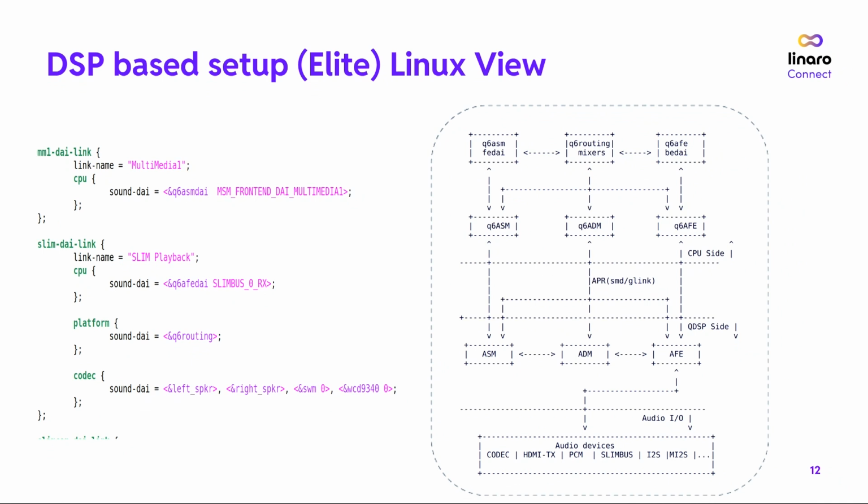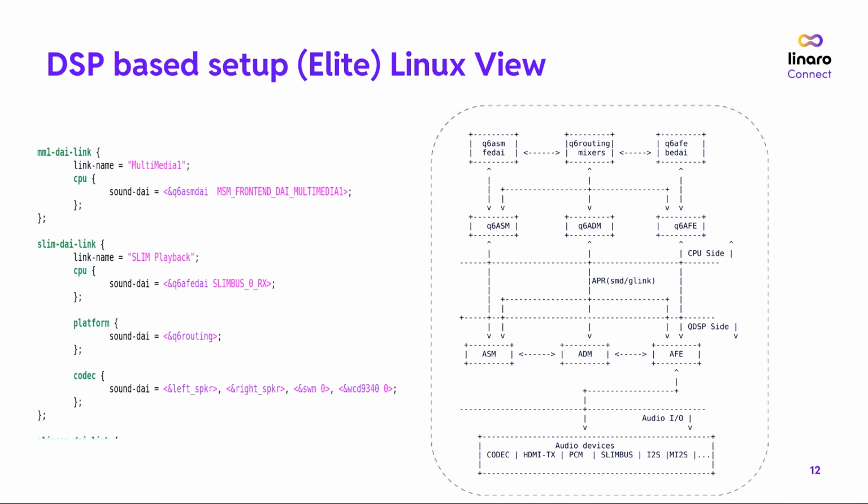I tried to represent a simple use case in DT. Probably most people understand the DT, how things are connected. Let's say you want to play back on a SLIMbus over to a codec, or on a headset, or on a speaker. In this case, we are trying to play on a speaker, and what we are configuring is the CPU DAI, in ALSA terminology.